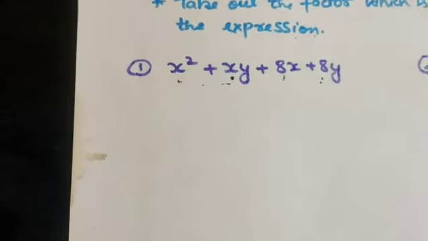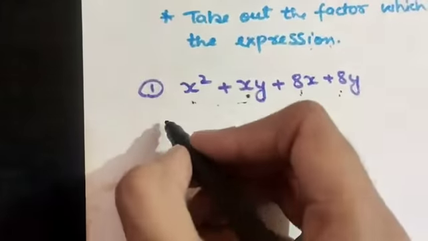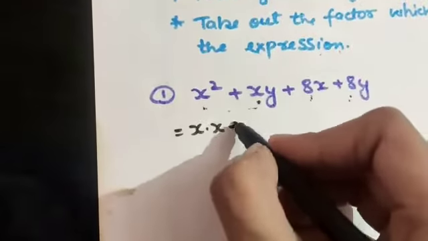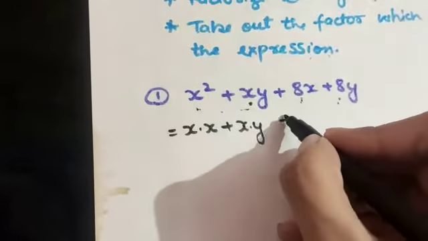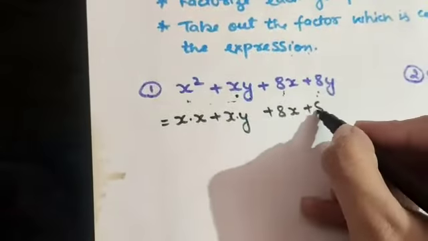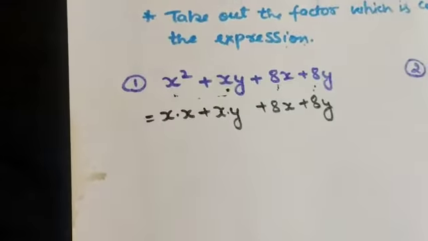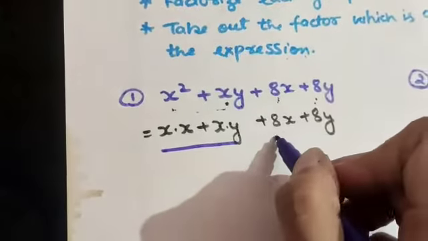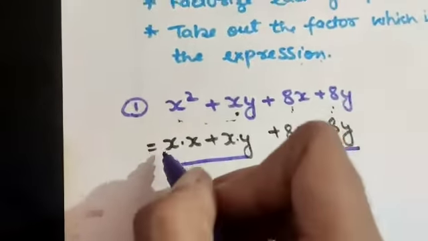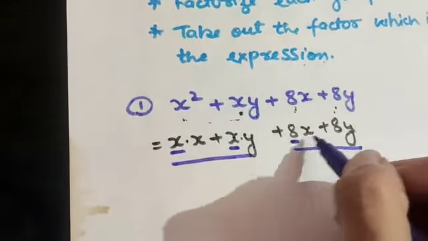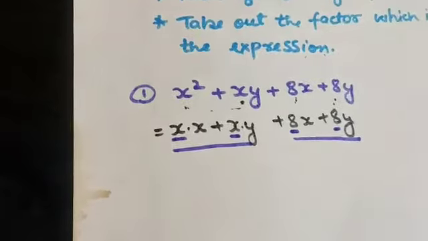That means we can write x square as x multiplied by x, right? And this is 8x and 8y. Now you can see that this is our first group and this is our second group. In the first group the common factor is x and in the second group it is 8.